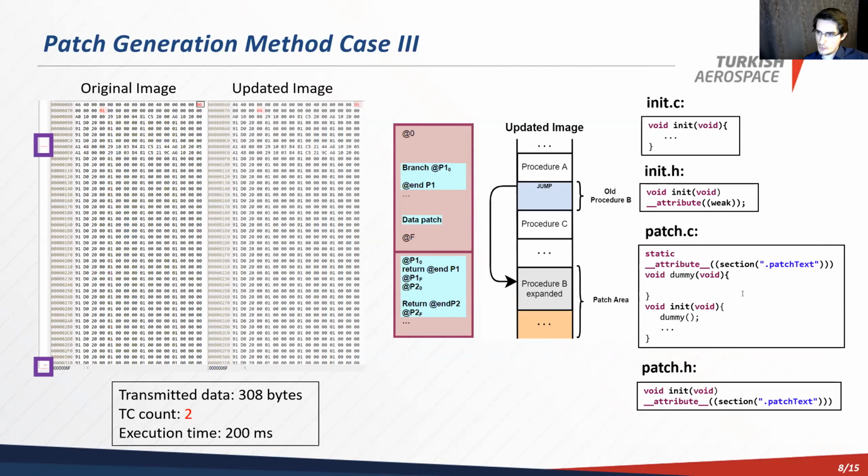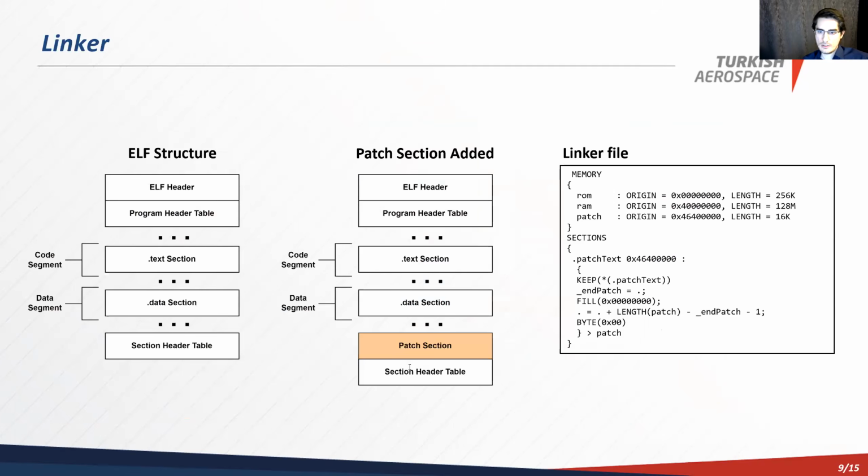And also we should use the weak symbol of GCC to tell it to ignore our old function. So you can see that we are not modifying our old procedure, and we are adding our new procedure into a new area. Therefore, nothing is shifted around, and we have minimal change. And that's it for case 3.